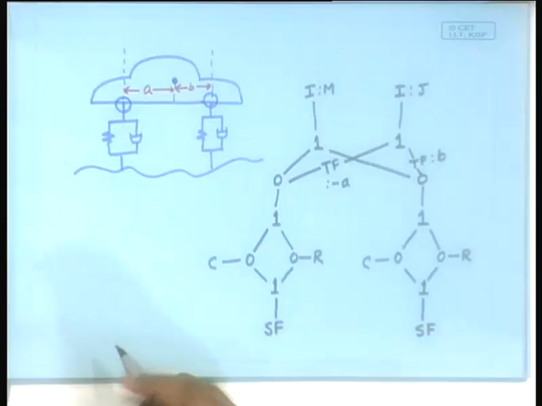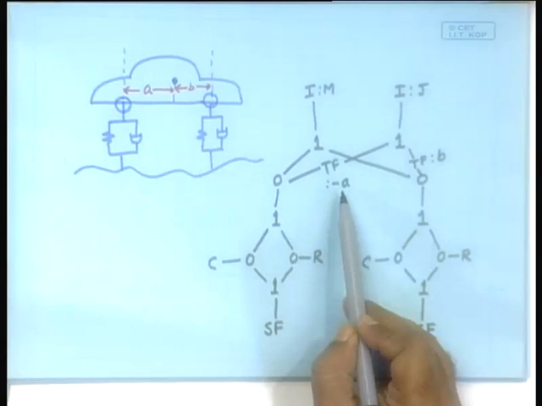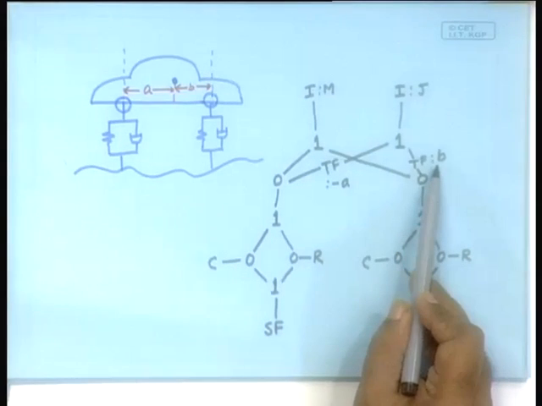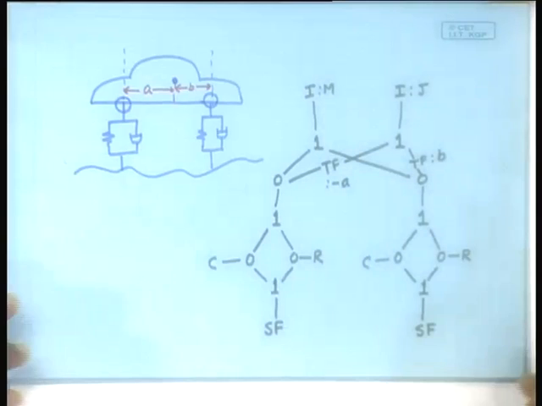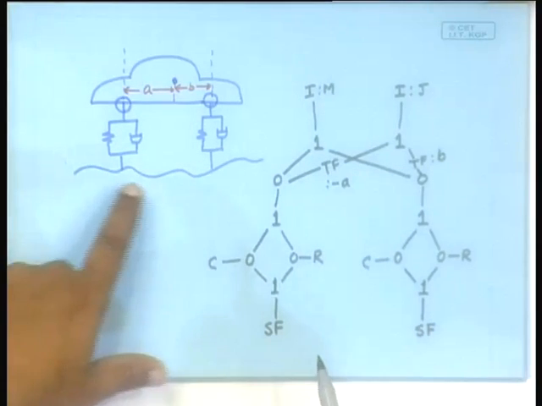Is this B or 1 by B? It will be multiplied by B to give the torque. Yes, right, done. Fine. So, you have this, can we reduce it? No, there is no zero velocity point.